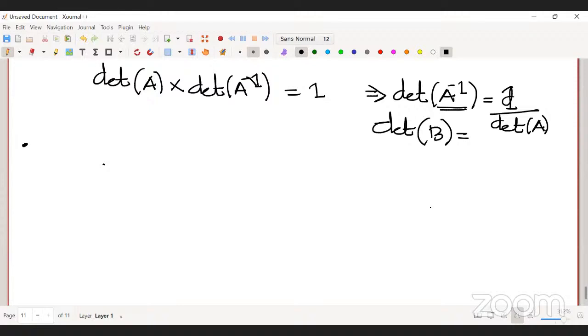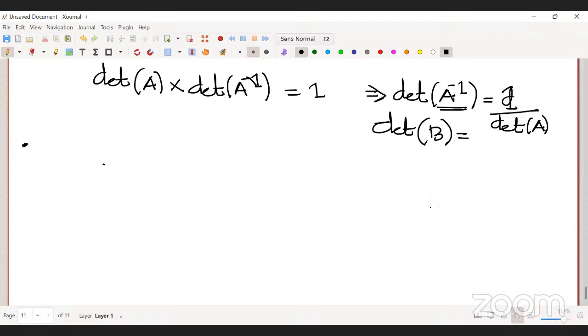Transpose you can always take for any matrix, but determinant only for square matrices. And for square matrices, determinant and transpose are completely different. Okay, thank you, sir.